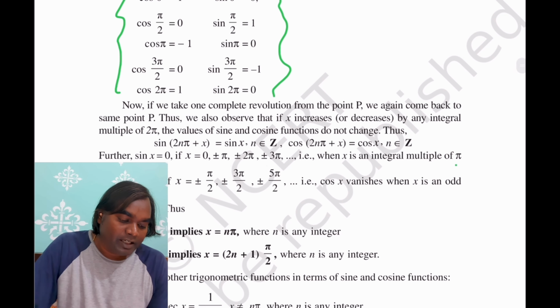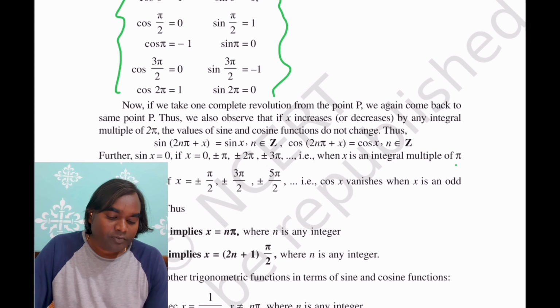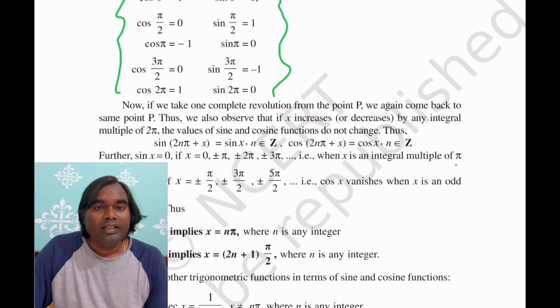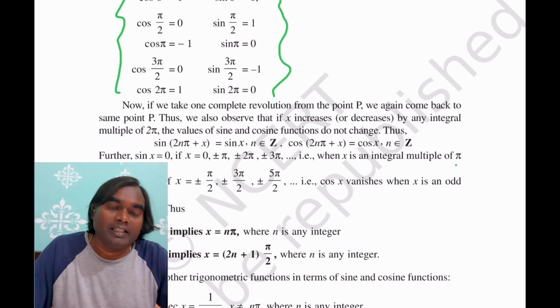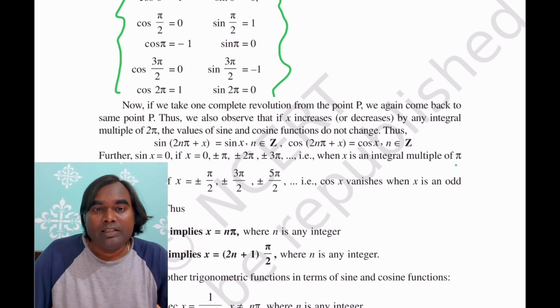Similarly, now we generalize these values for any angle, general angle. If you know the sin, cos, tan values for small angles, you can find the sin, cos, tan for any bigger angle by utilizing the general concept.